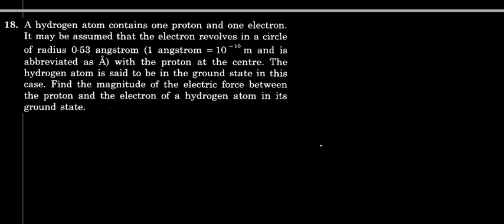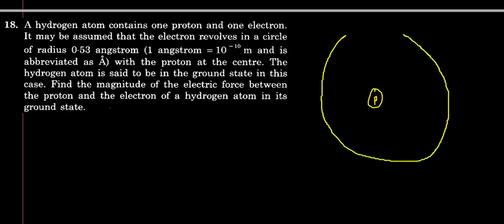We have a proton in a hydrogen atom inside the nucleus, and there is an electron revolving in a certain orbit of radius r. This radius is given as 0.53 angstroms, that is 0.53 times 10 to the power of minus 10 meters.